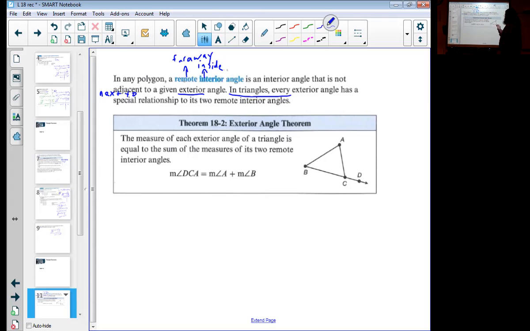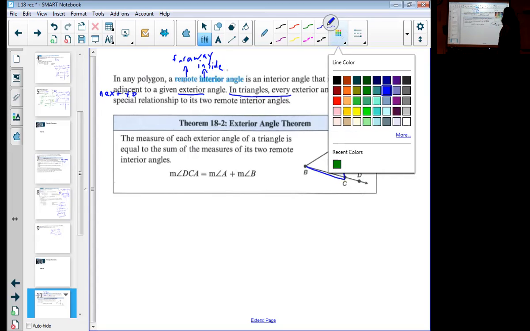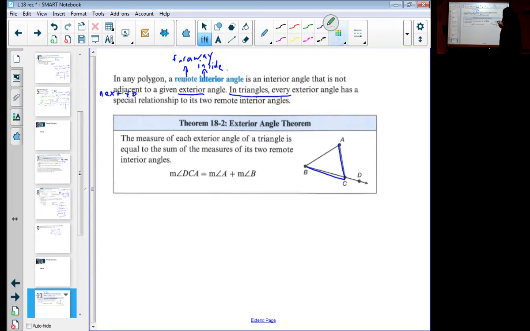Because right here we have angles BCA and ACD. Those two angles form a linear pair. That means that they are supplementary. Supplementary means that when they add together, they make 180.